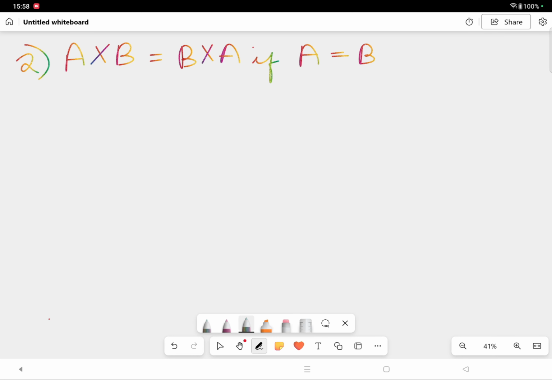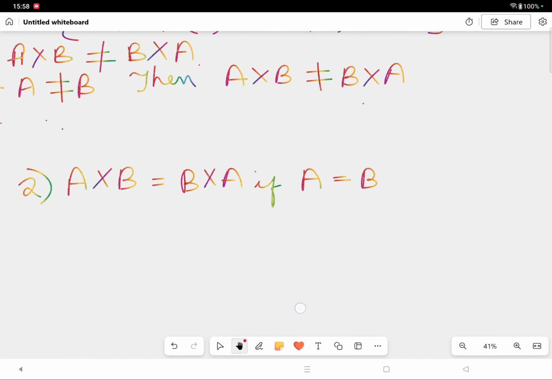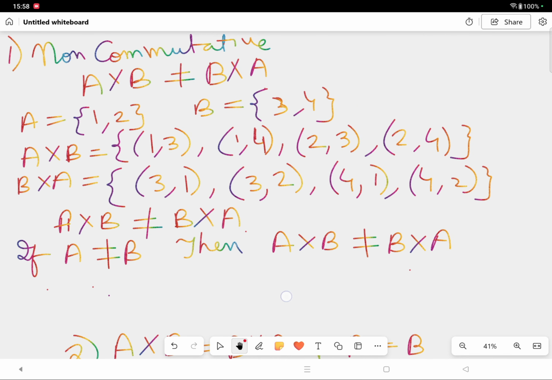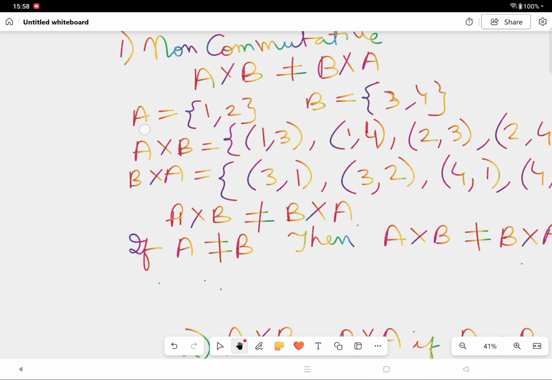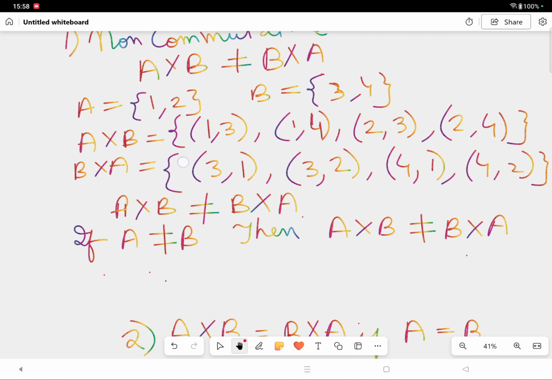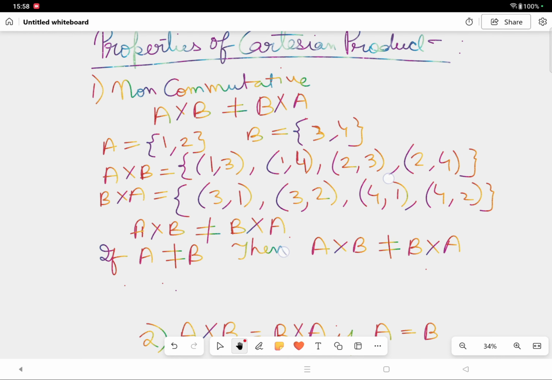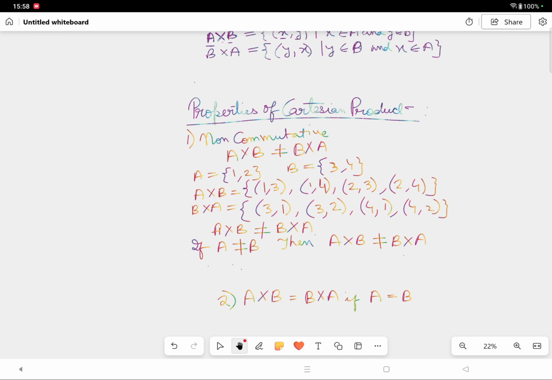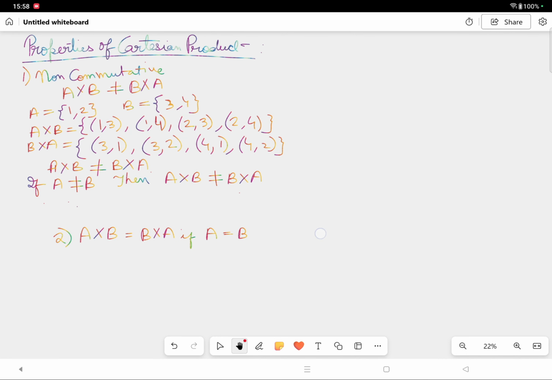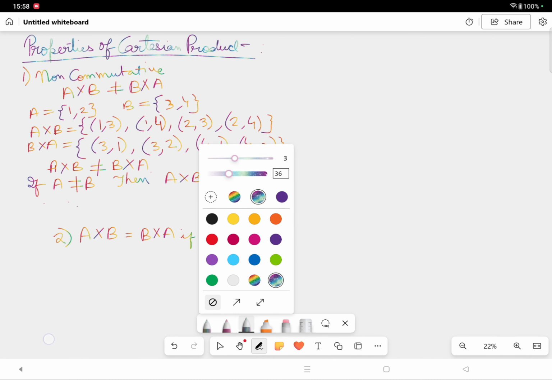In the previous property we concluded that because A was not equal to B, A cross B was never equal to B cross A. But in this property, it's just the reverse, where A cross B is equal to B cross A if A equals B.